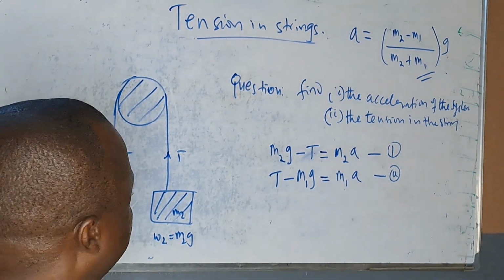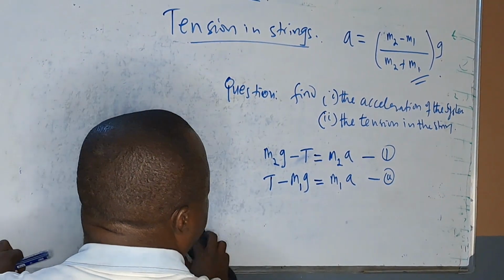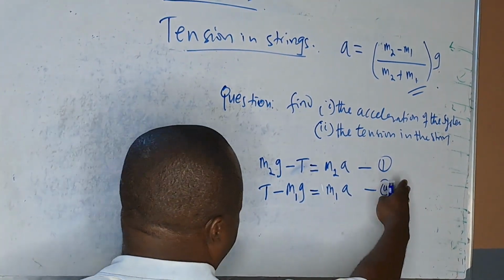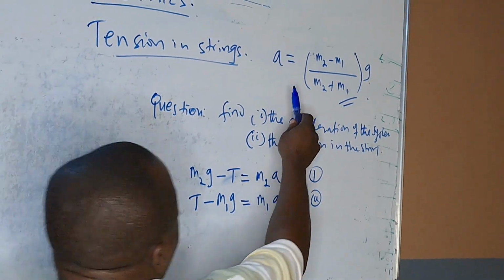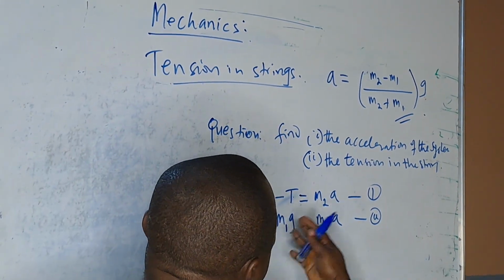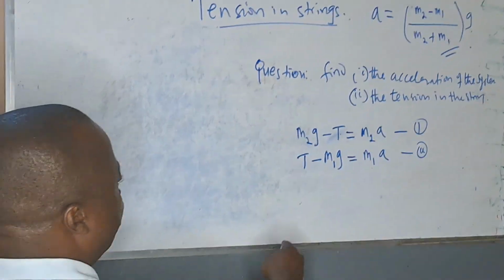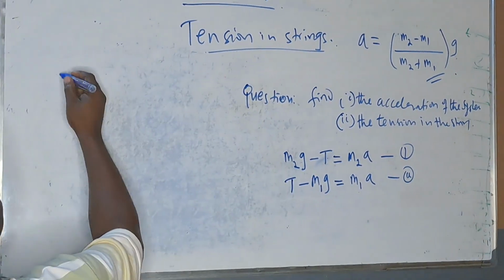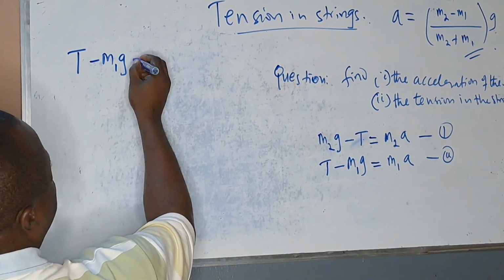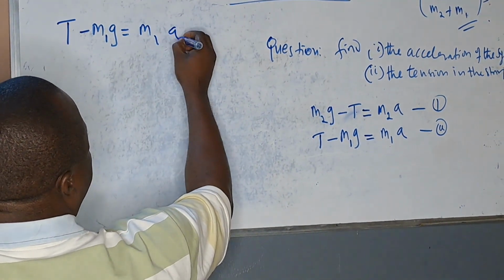I'll be wiping this sketch, so we don't have space. Now our equations 1 and 2 are still the same. Now we found A, so what we do is to use either equation 1 or 2 to calculate the tension. Okay, let's take 2: T minus M1G equals M1A.